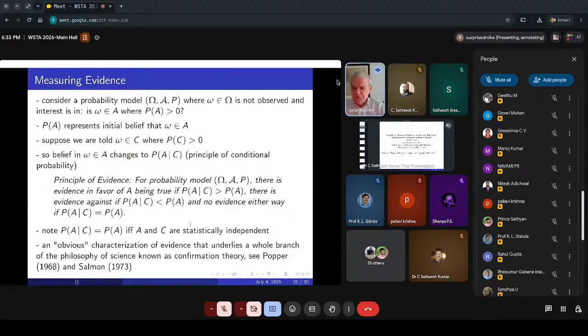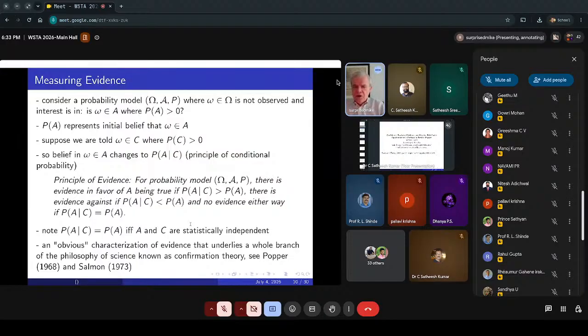It's concealed from me somehow, perhaps by the future. And I'm interested in whether or not this future or concealed value is going to be in an event A, where the probability of A is greater than 0. And that's our initial belief, right? P of A, that's our belief to start out with, that omega will be in A. But we've got some information.